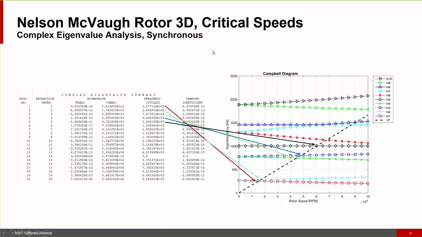Of course, we didn't really need to solve the entire sweep. If you are just interested in critical speeds, you can just engage a complex eigenvalue analysis, and Nastran would then produce the critical frequencies, which are the intersections between the whirl frequencies and the engine speed, indicated here by 1p.